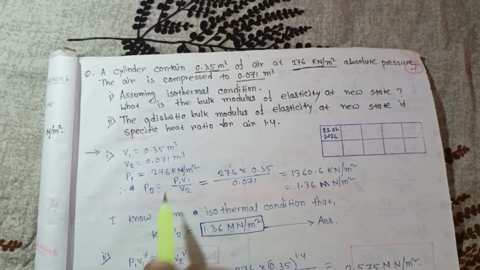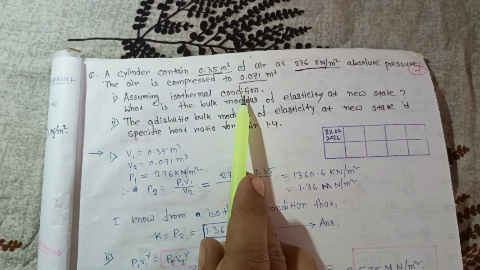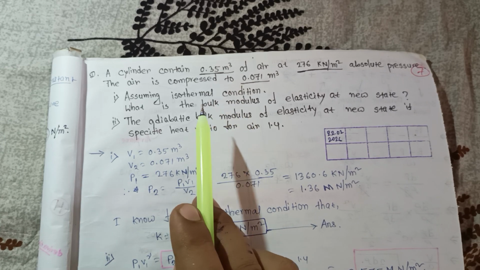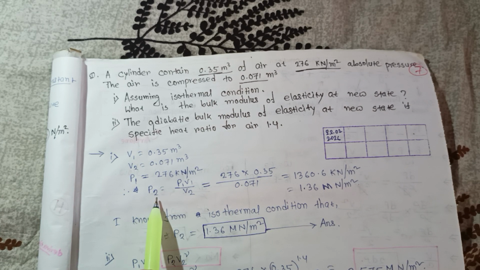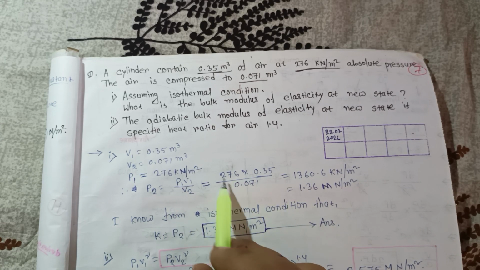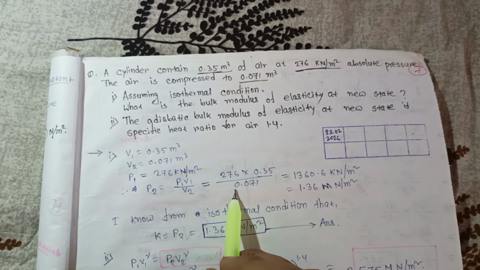For the first case there is an isothermal condition. Isothermal means temperature is constant, so you can apply P1 V1 equals P2 V2. From this formula P2 equals P1 V1 by V2, which is 276 times the initial volume 0.35 divided by 0.071.